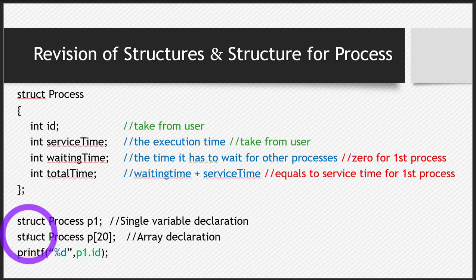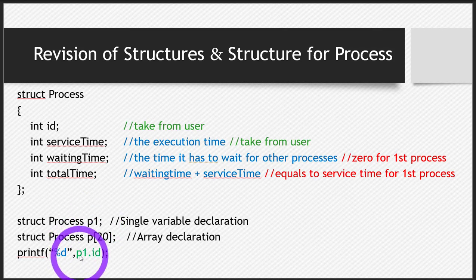Okay, how do you declare an array of structure? You write the keyword struct, the name of your structure, and simply like you would write the declaration of any other array, like this. How do you access the member of any structure? You do it by writing the name of your variable here first. This is the name P1.